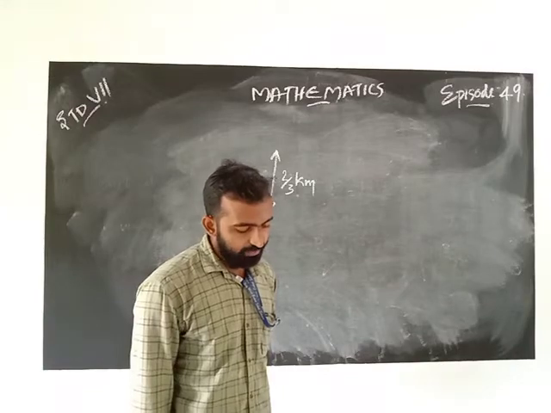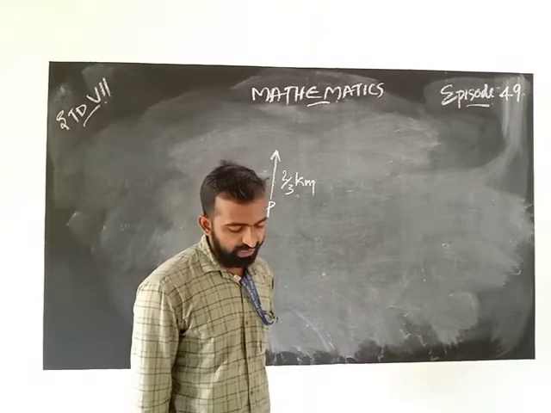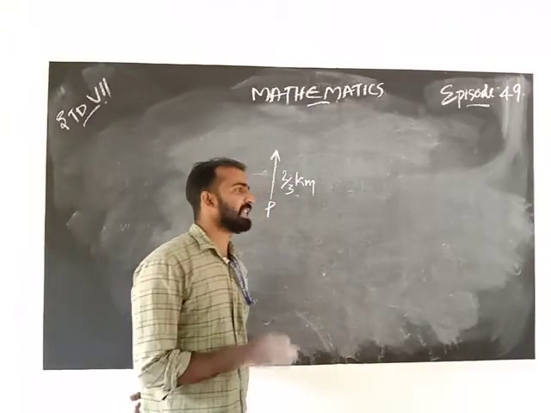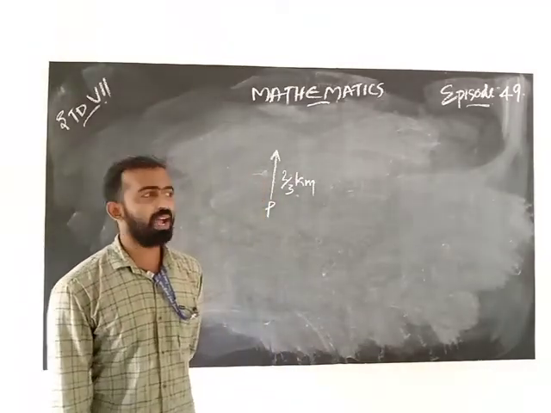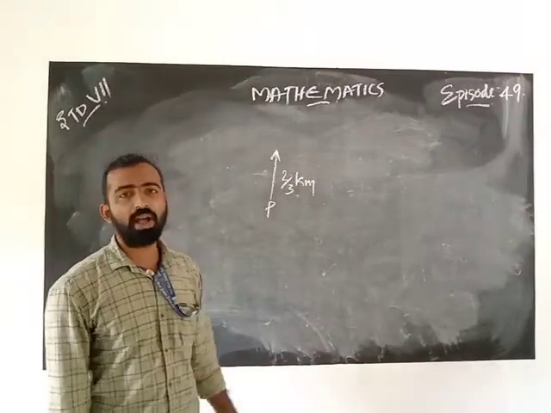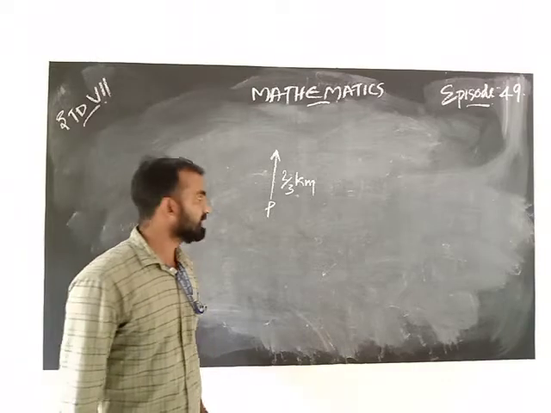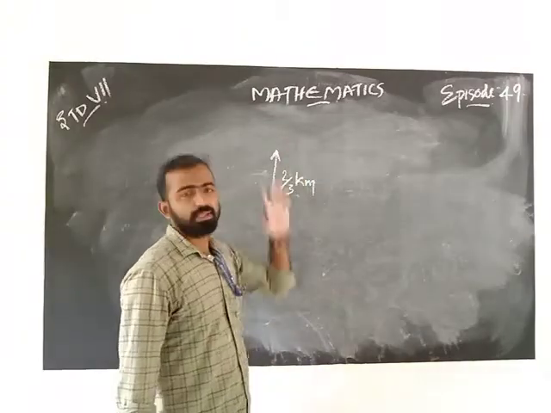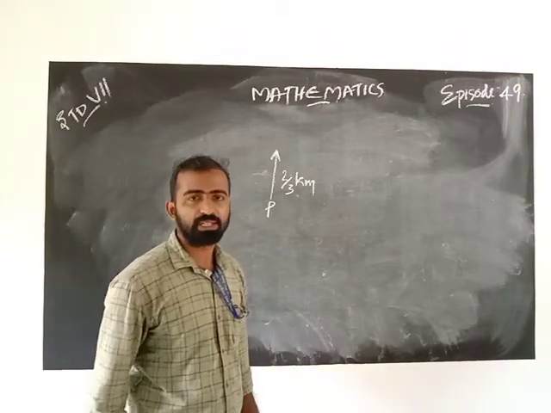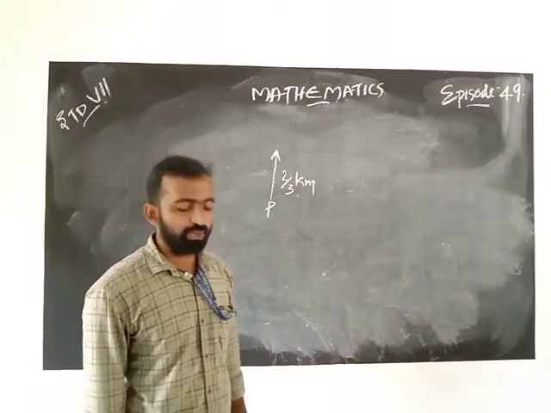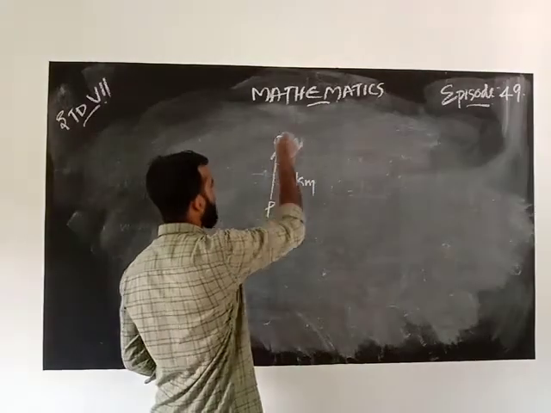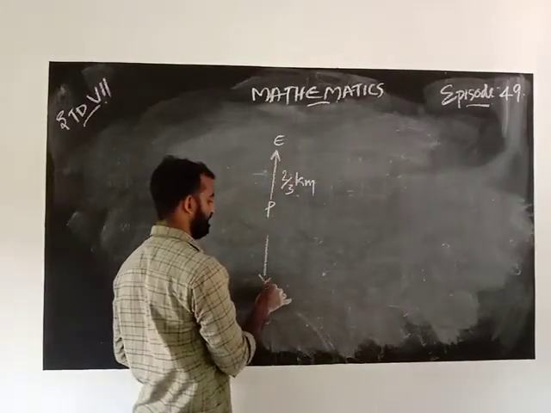How far will he be now from P? First Saval starts from P and walks towards east 2 by 3 kilometers. Then Saval walks towards west 1 and 5 by 7. Here is east, then this is west.